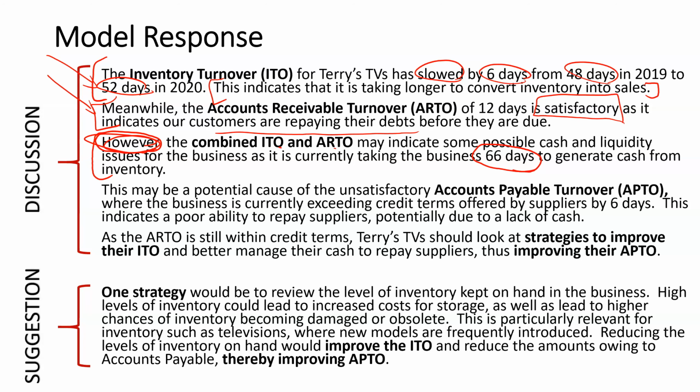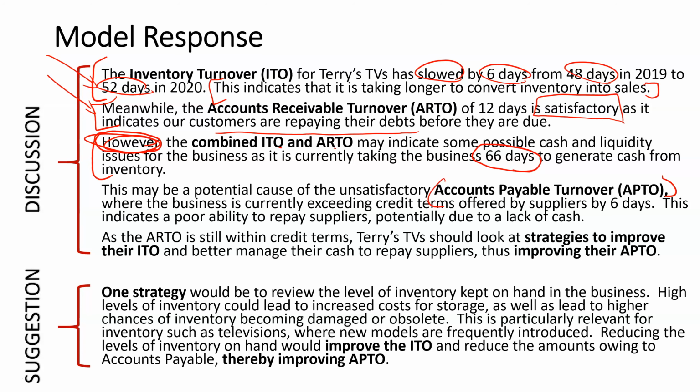2 months. This then makes a whole lot more sense when I then go look at my accounts payable turnover, and I can probably see, well, if it's taking me 66 days to get cash from my inventory from customers, then it's probably going to make it really difficult for me to pay back my suppliers on time.